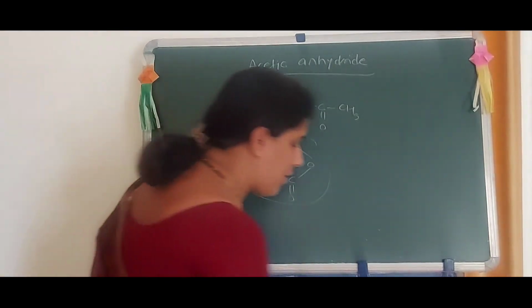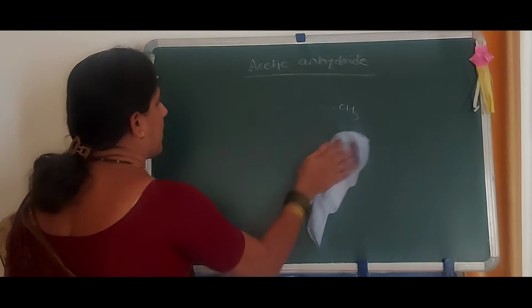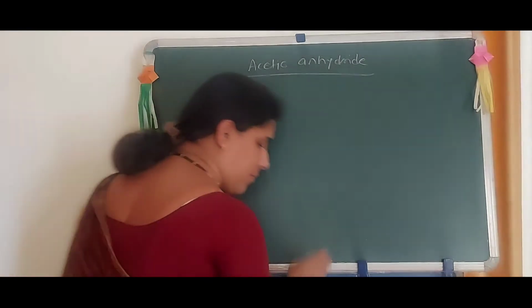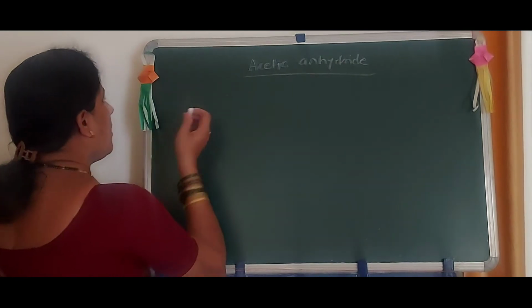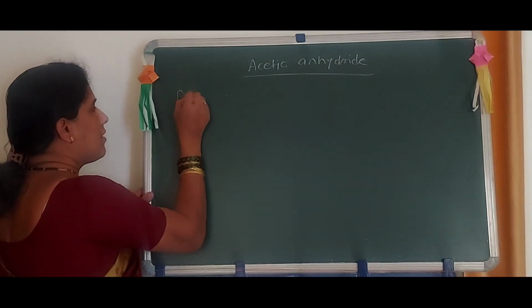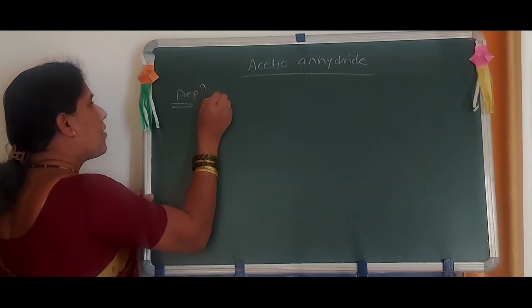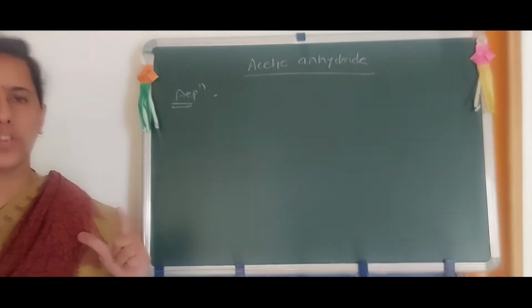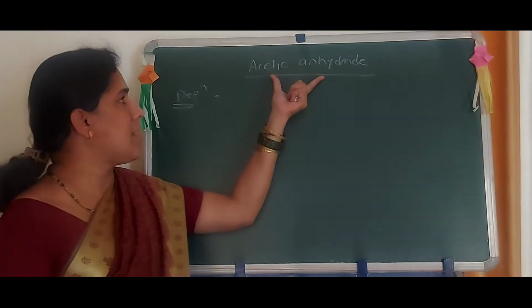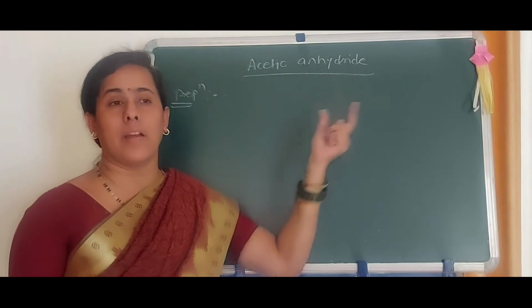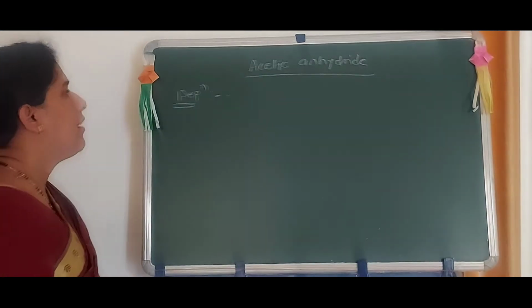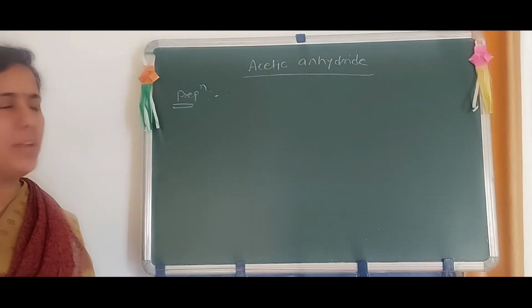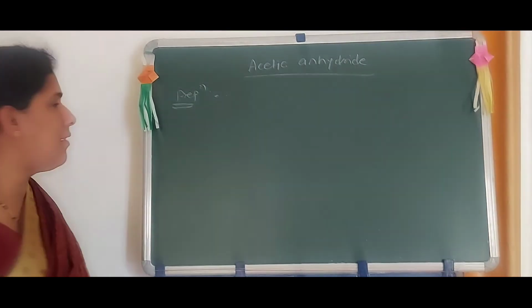So first of all we will discuss its preparation. As its name suggests, acetic anhydride is formed when two molecules of acetic acid are heated and undergo dehydration.